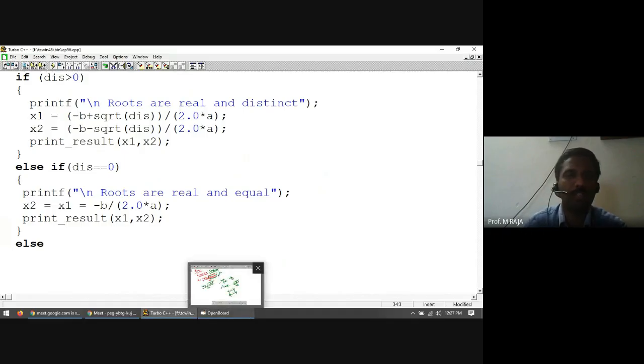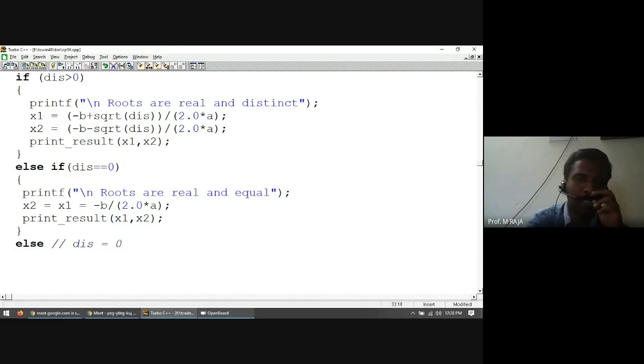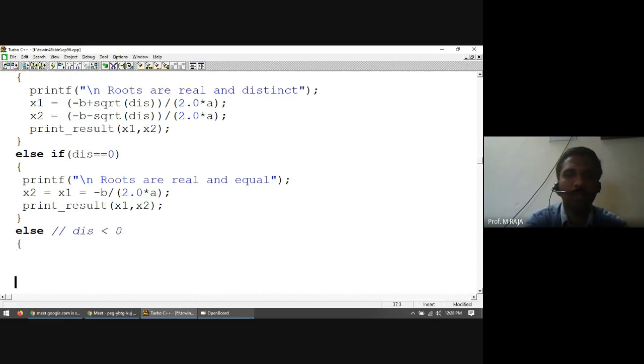Here, see, else discriminant, sorry, discriminant is less than 0. In this part, printf, slash n, roots are imaginary.